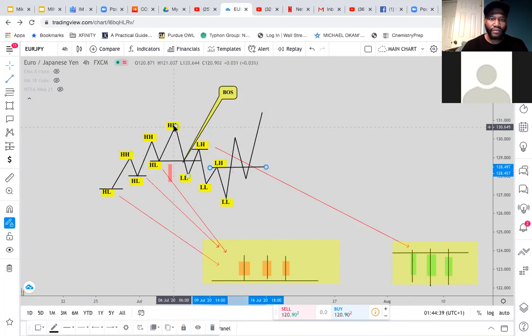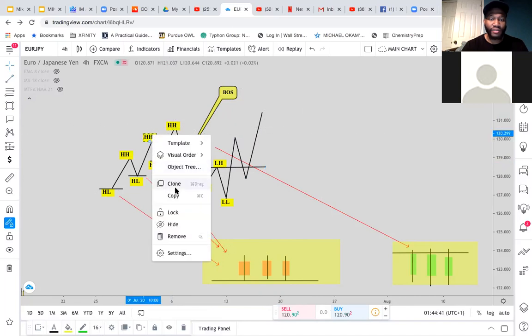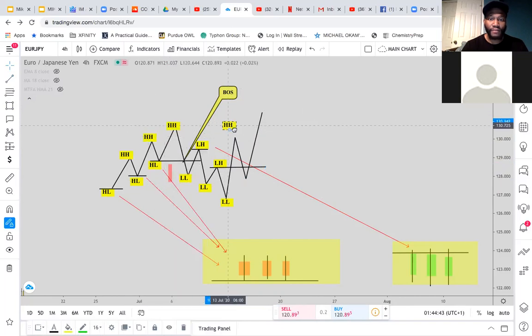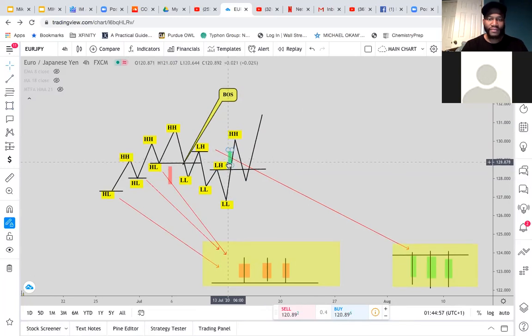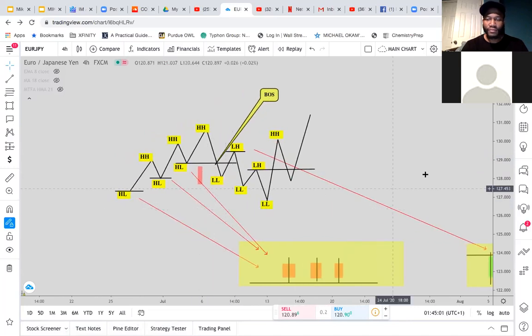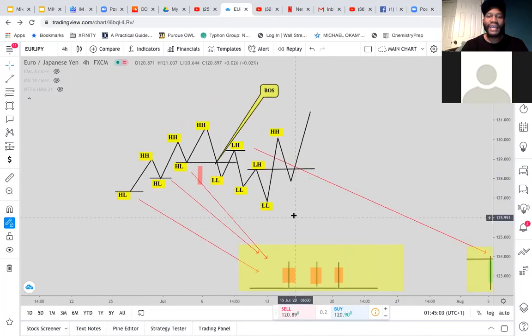Good work, man. You're picking up on it faster than a lot of people. And we knew structure broke because we saw a bullish candle open and close above. So when the candle doesn't touch the last high, you know structure is broken.